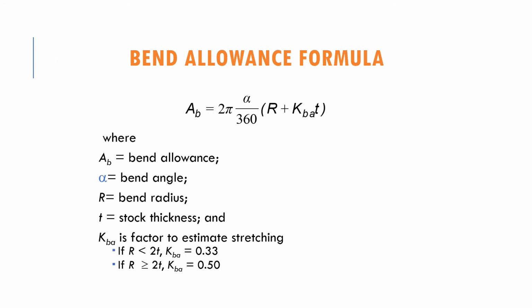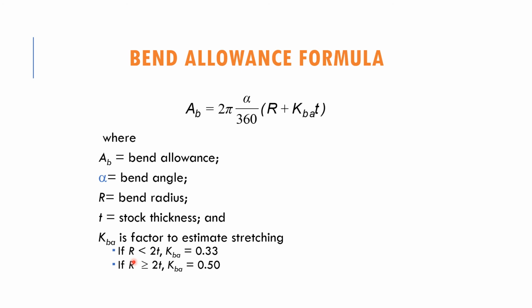Due to that, we have to calculate the bend allowance. The bend allowance formula is given like this one. This is the bend allowance, AB, calculated by 2 pi alpha over 360 times (R plus KBA times t). Alpha is the bend angle, R is the bend radius. KBA is the factor to estimate the stretching, and it is determined as follows.